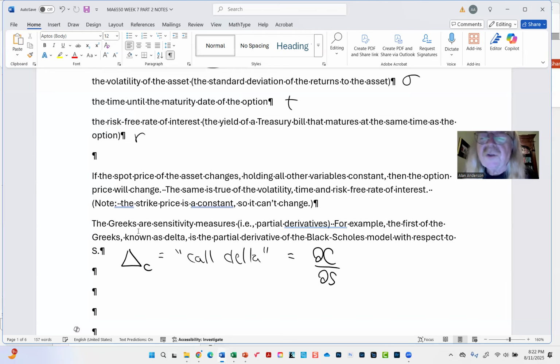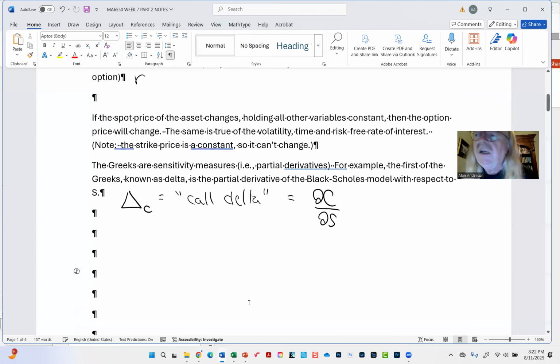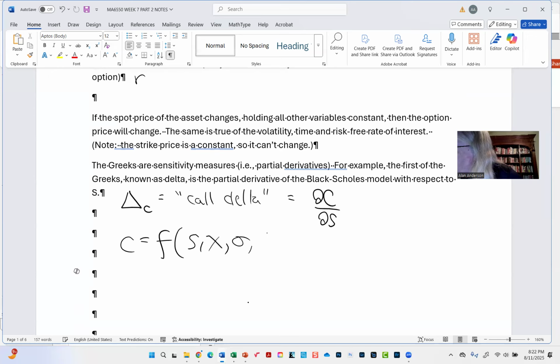You notice we're using those partial derivative symbols because the call itself is a function of S, X, sigma, T, and R. So we're trying to hold everything else constant. And of course, that's the point of a partial derivative. We're changing S, holding everything else constant. So the Greek delta means how sensitive your option's price is to changes in the spot price of the asset.